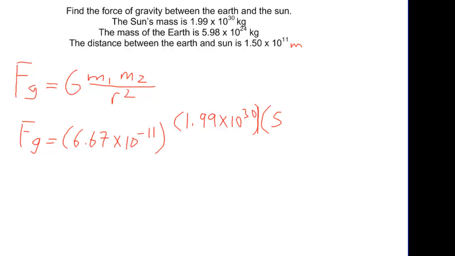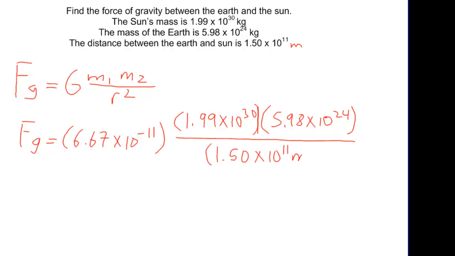M2, 5.98 times 10 to the 24th. And then divided by the distance between them squared, 1.5 times 10 to the 11th meters, and that value is squared.